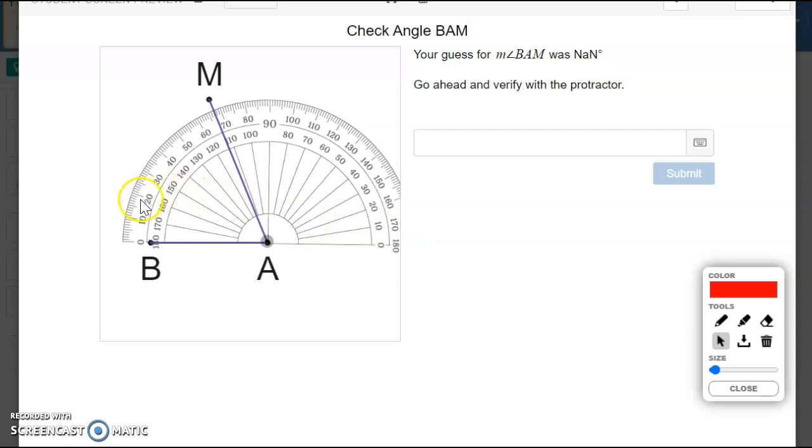All right, so if I was to use the outside number, I would be going from 0 to what do you think will be this angle here? I can see about this is 60, this is 70, this is 65, so maybe about 67. That's my guess. And submit. And I say awesome.